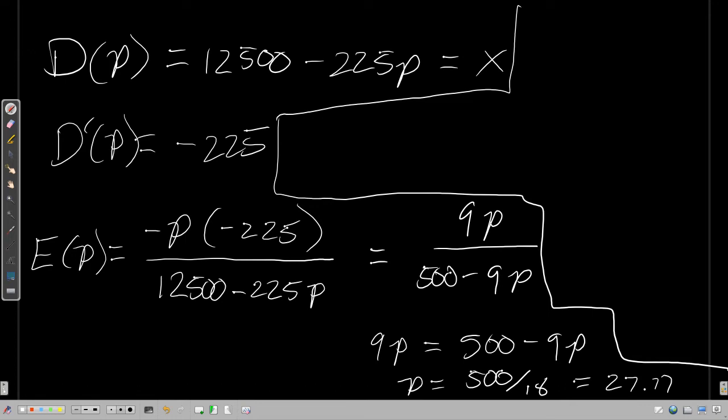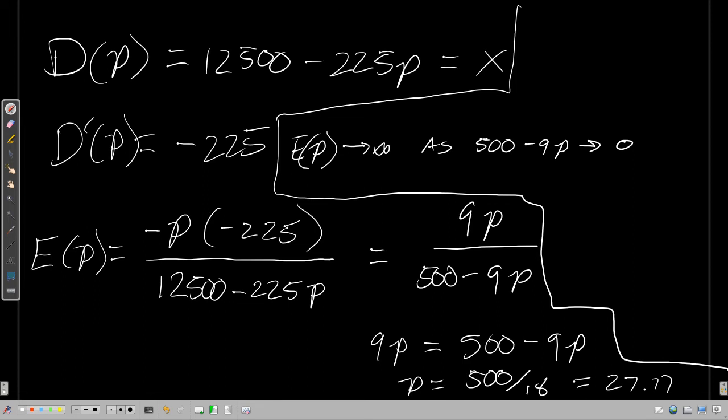But if I look at this writing of my function E of P, and I want that thing to go to infinity, E of P will go to infinity as 500 minus 9p goes to 0.